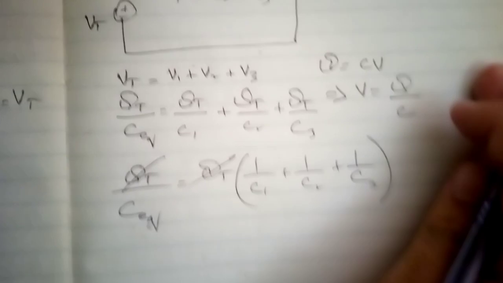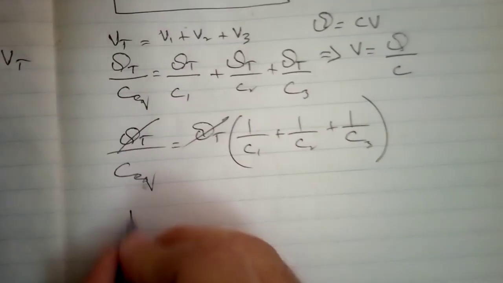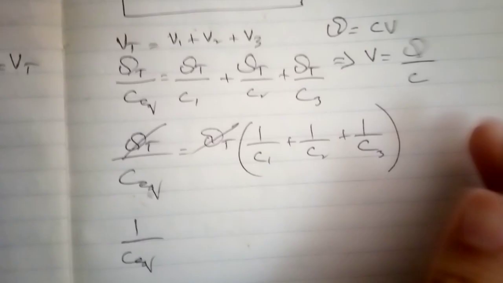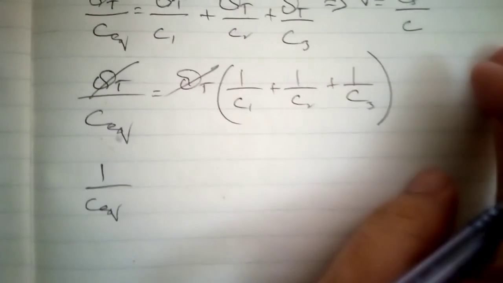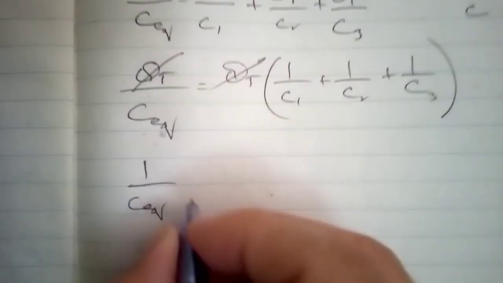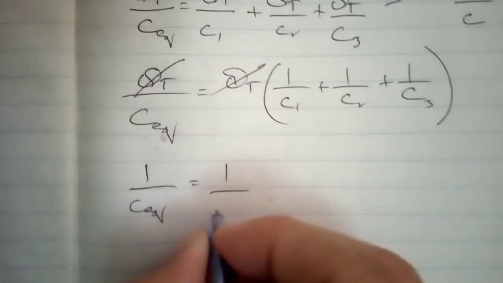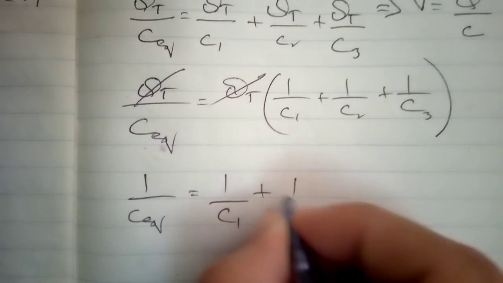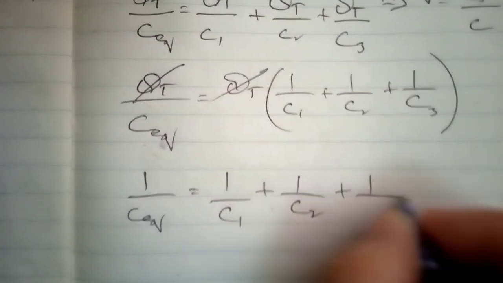Qt will be cancelled by this Qt, and 1 upon C equivalent is equal to 1 upon C1 plus 1 upon C2 plus 1 upon C3.